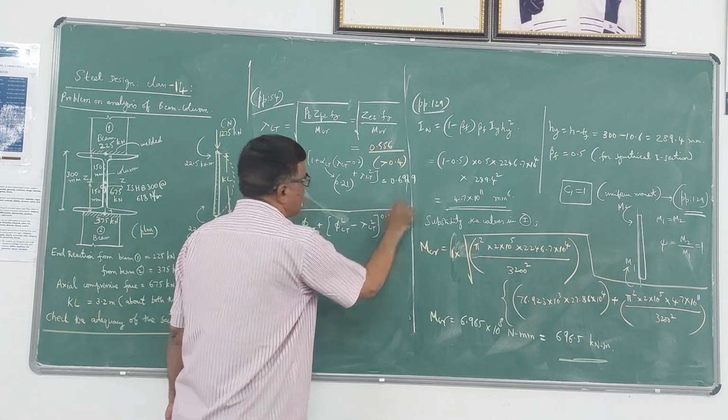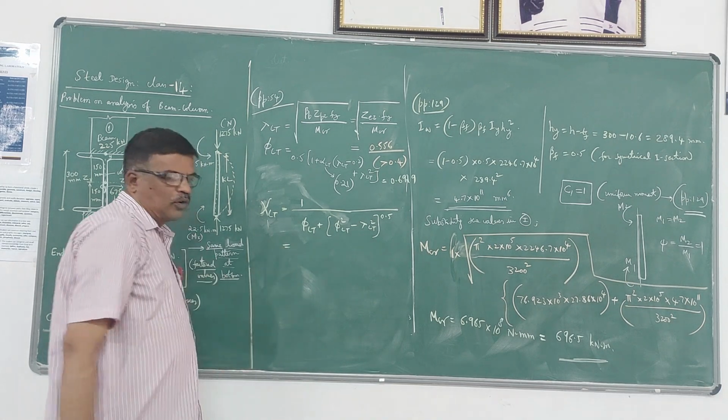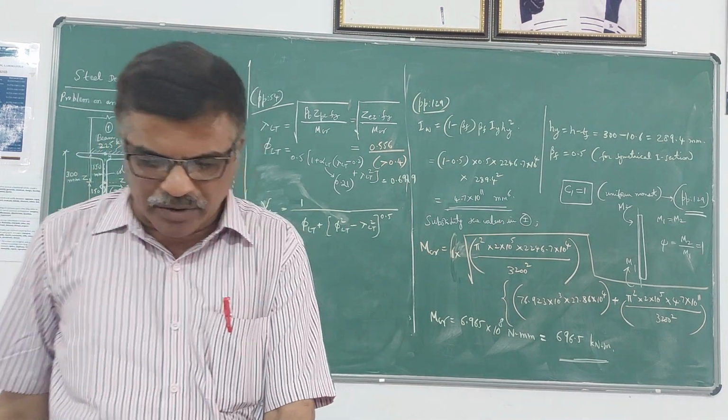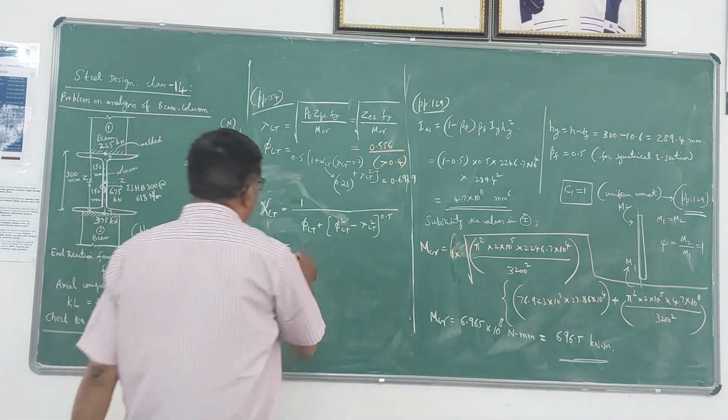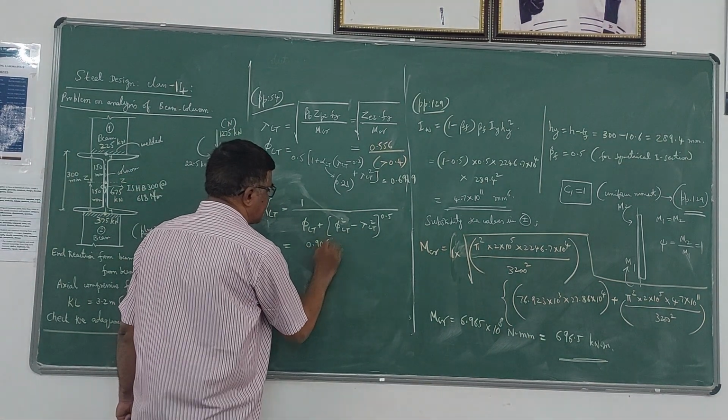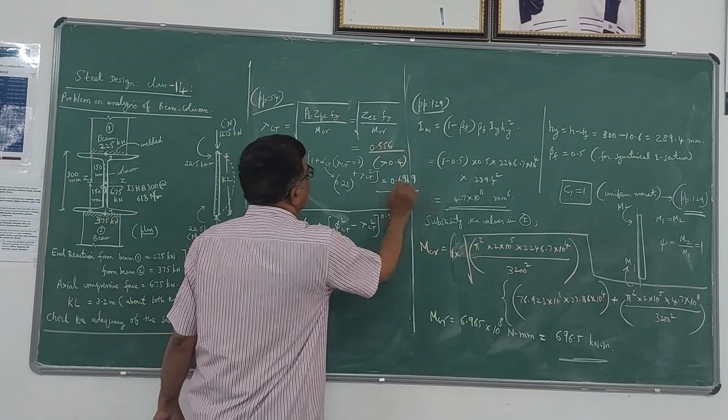All the formulas are available in the code on page number 54. If you substitute and simplify, you will get 0.906 as xi LT. So these are the parameters we require.